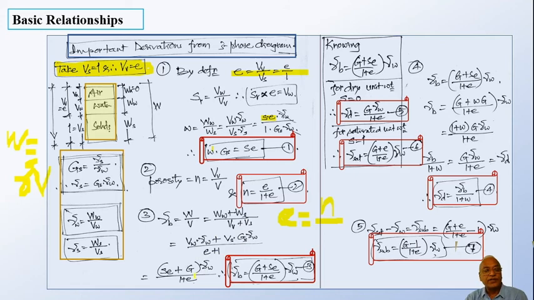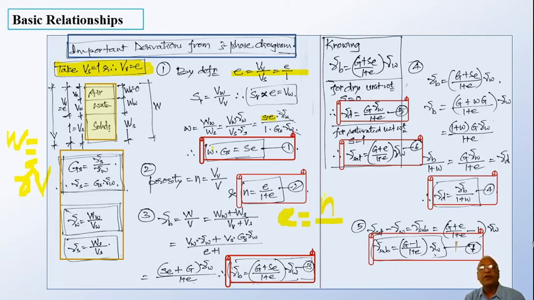Now, simplification gives S into e plus G into gamma W divided by 1 plus e becomes gamma b. So finally the expression is gamma b equal to G plus S into e divided by 1 plus e, into gamma W. Right, very standard relationship, very fundamental relationship.